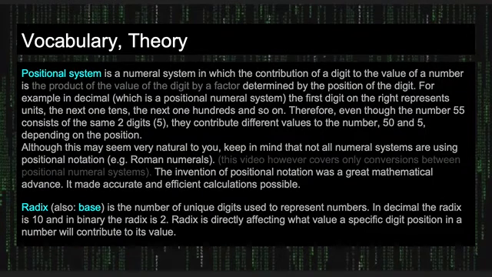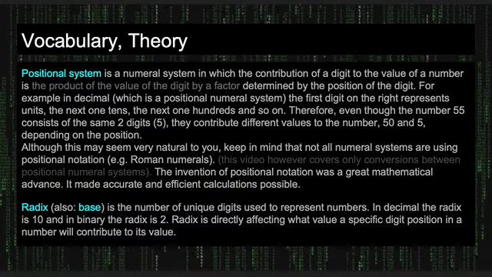Another important concept is the positional notation or positional numeral system. Positional system is a numeral system in which the contribution of a digit to the value of a number is the product of the value of the digit by a factor determined by the position of the digit. For example, in decimal, which is a positional numeral system, the first digit on the right represents units, the next one tens, the next one hundreds, and so on.